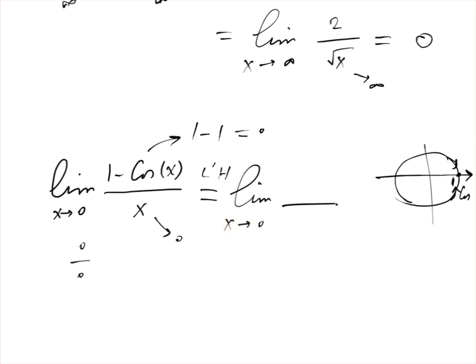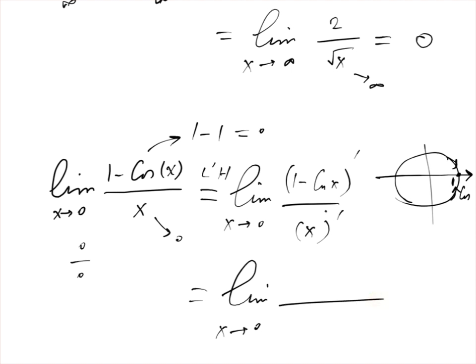and that is the same as taking the derivative of the numerator divided by the derivative of the denominator, which is the limit as x tends to 0 of the derivative of the numerator. The derivative of 1 is 0 minus the derivative of cosine x, which is minus sine x.